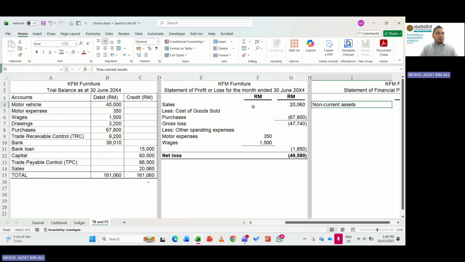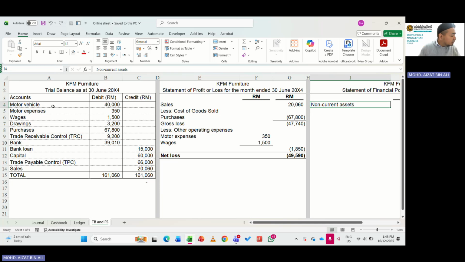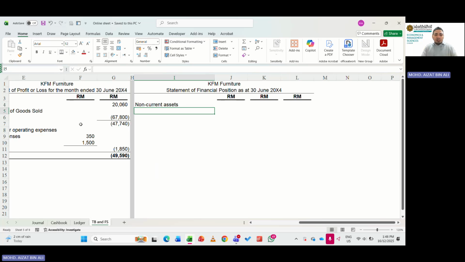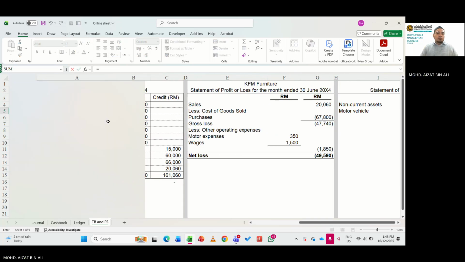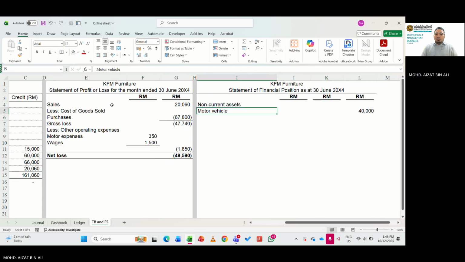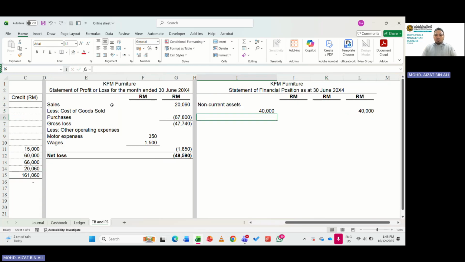For the non-current assets, what do we have here? We have motor vehicle. Only one non-current asset, I think. Yeah, only motor vehicle. Again, this is a very easy question. Okay, motor vehicle. So the amount is 40,000. Okay. Yeah, I want to use E4 as well. Motor vehicle. Okay, and that's it.